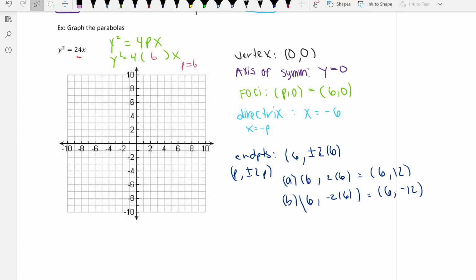So now I can tell you exactly what this is going to look like. So I have my vertex at 0, 0. I have my axis of symmetry, y is equal to 0. That's going to be my x-axis. And then my foci is going to be at 6, 0.